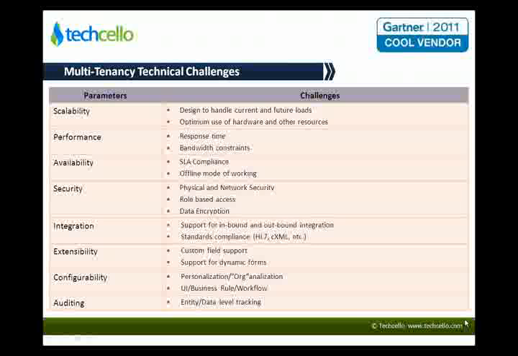You will have to ensure that your customers are convinced about your security measures and mechanisms, so you might have to get some certifications or comply with certain standards to be able to convince your customers. So that's number one, your physical and network security itself.